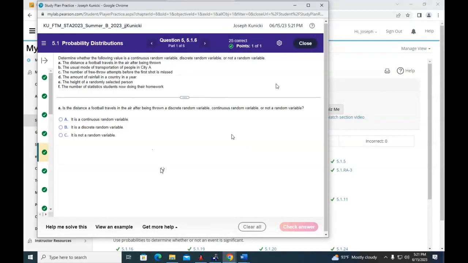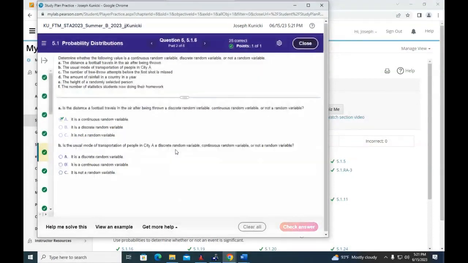Are we counting, measuring, or neither? Measuring distance, so it's continuous. So this is just instead of calling it a continuous value, which is what we called it before, now we're calling it a random variable.